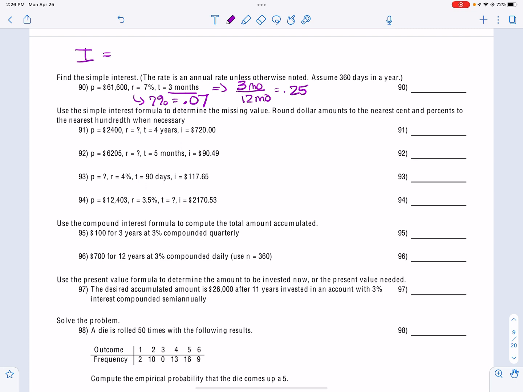So the simple interest that's earned, 61,600 times 0.07 times 0.25 comes out to be $1,078. Okay?